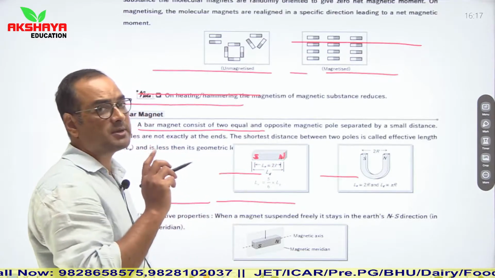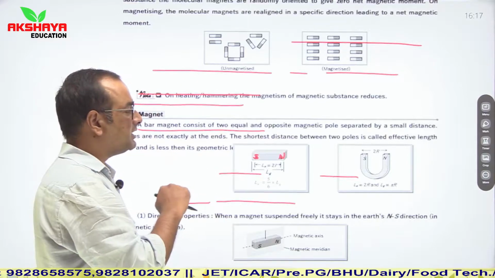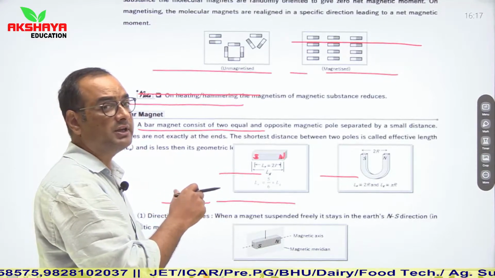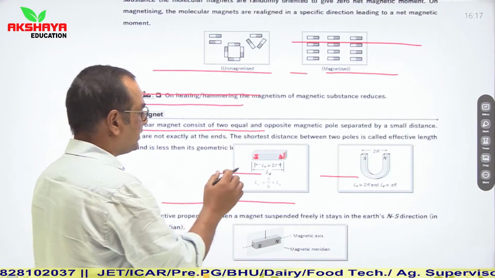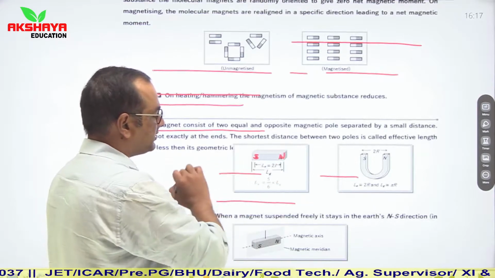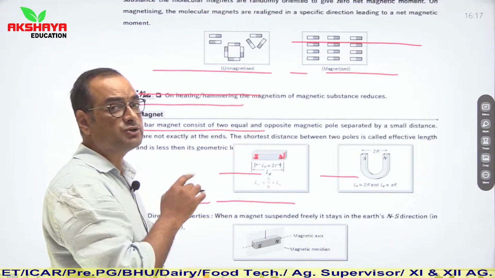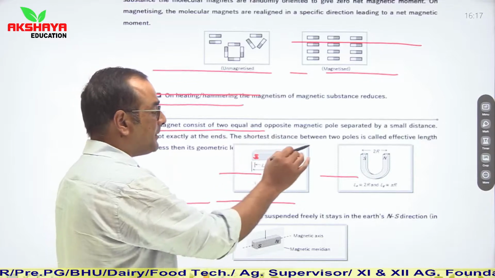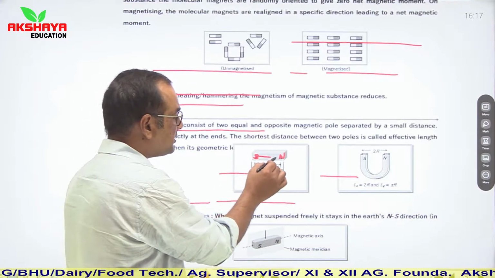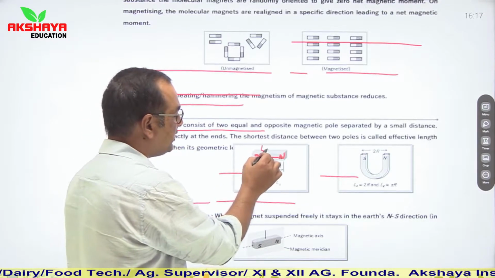So we discuss two lengths here, one is effective length and another one is geometrical length. The end to end length is known as geometrical length, and the separation between the poles is known as effective length.